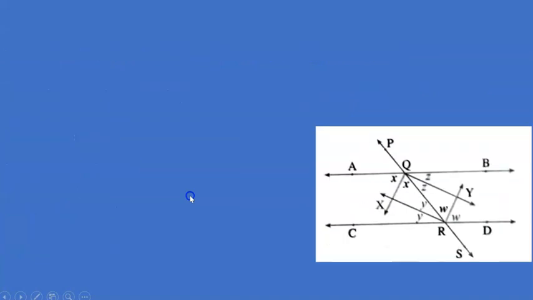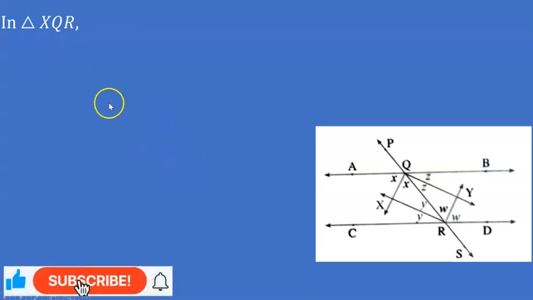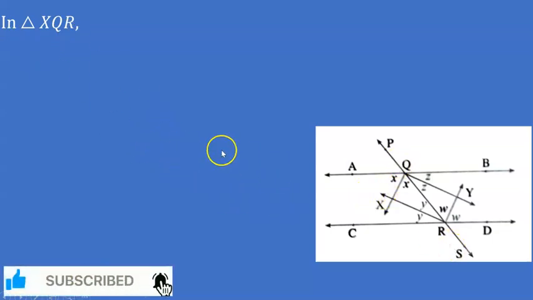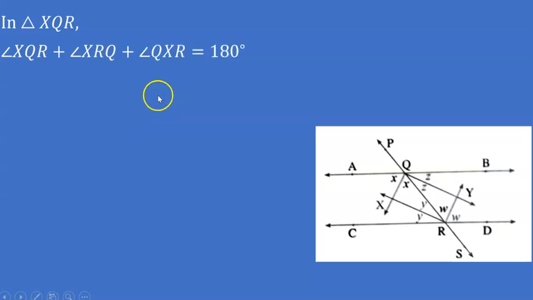Now next, in triangle XQR, what is happening? The sum of measures of angles of a triangle is 180. That is measure of angle XQR plus measure of angle XRQ plus measure of angle QXR is equal to 180.